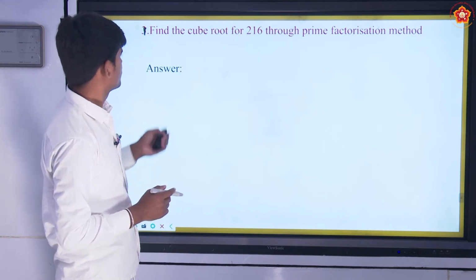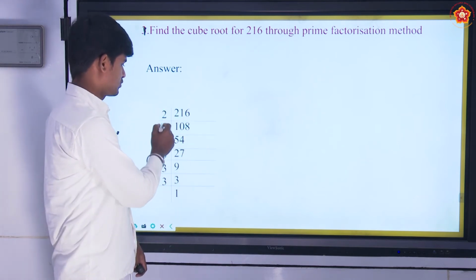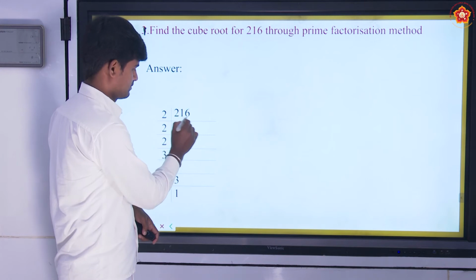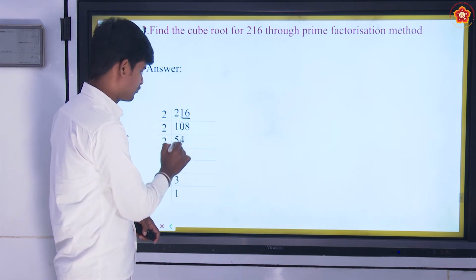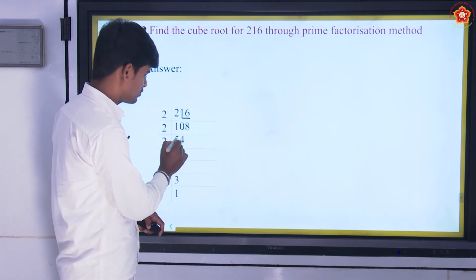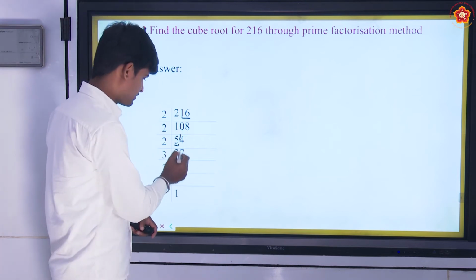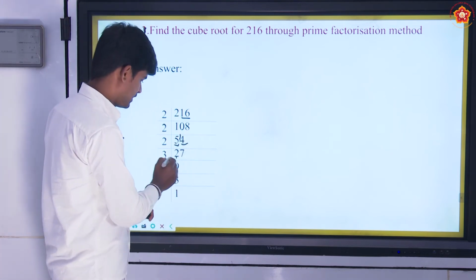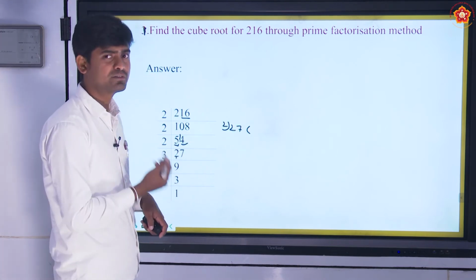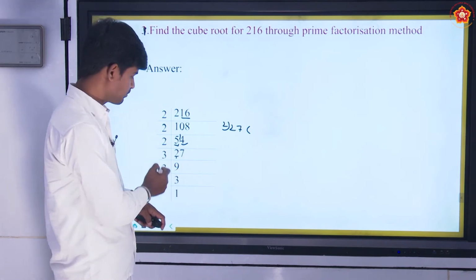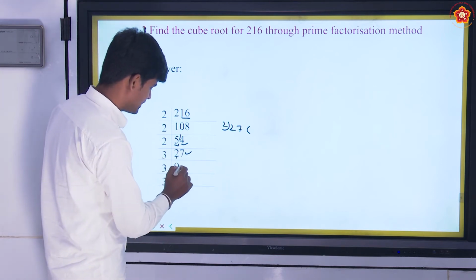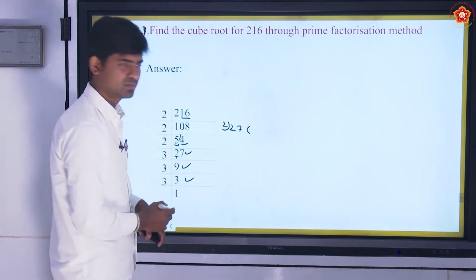First, 216 divided by 2 is 108, divided by 2 is 54, divided by 2 is 27. Now 27 is not divisible by 2, so we use 3: 3 9s are 27, 3 3s are 9, 3 1s are 3.